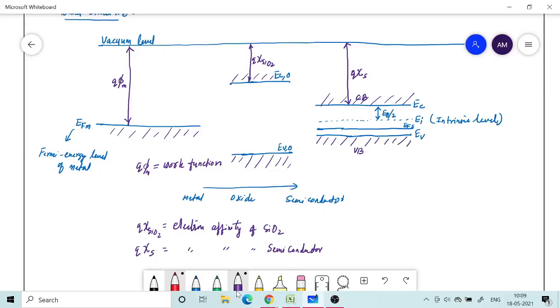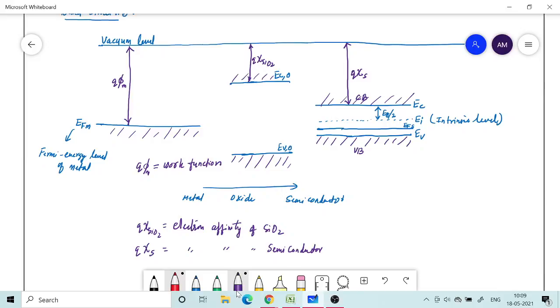So the intrinsic level is that level at which the probability becomes half for an intrinsic semiconductor which is not doped. Whereas for a doped semiconductor, the Fermi level will shift either above or below EI.